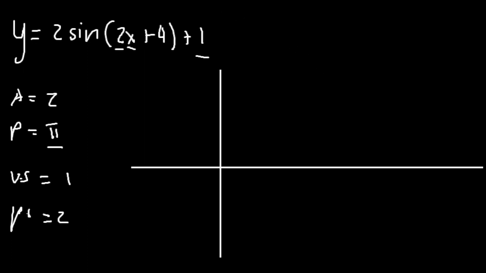Now, remember, when graphing a sine function, we need to use imimi: interval, maximum, interval, minimum, interval. Now, let us find the maximum and minimum of the graph.